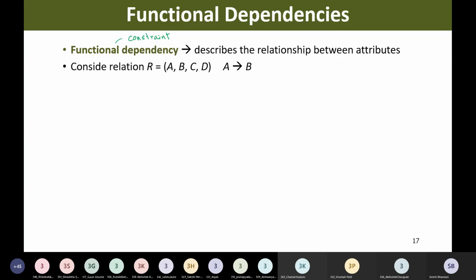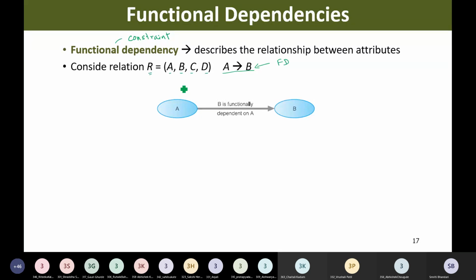Let us assume that we have a relation schema R with four attributes A, B, C and D, and we are describing a functional dependency of this form, A arrow B. This is my functional dependency. So what does A arrow B mean?